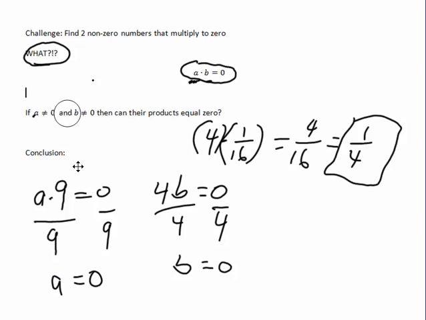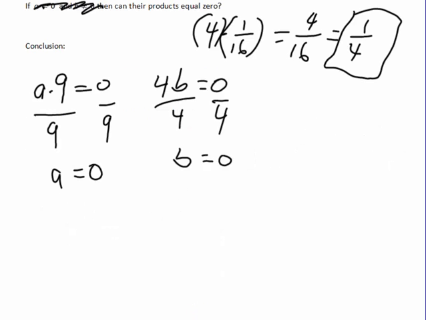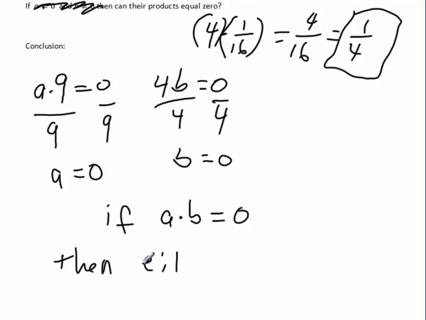So really what this whole thing is saying is, if I have two numbers, A and B, and A times B equals 0, then either A equals 0 or B equals 0.